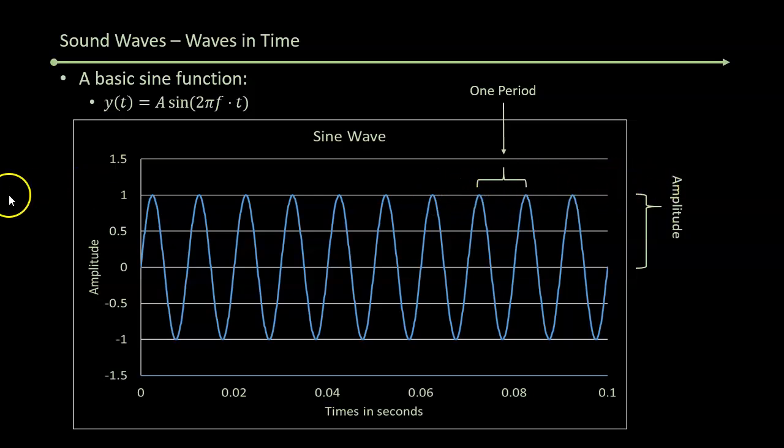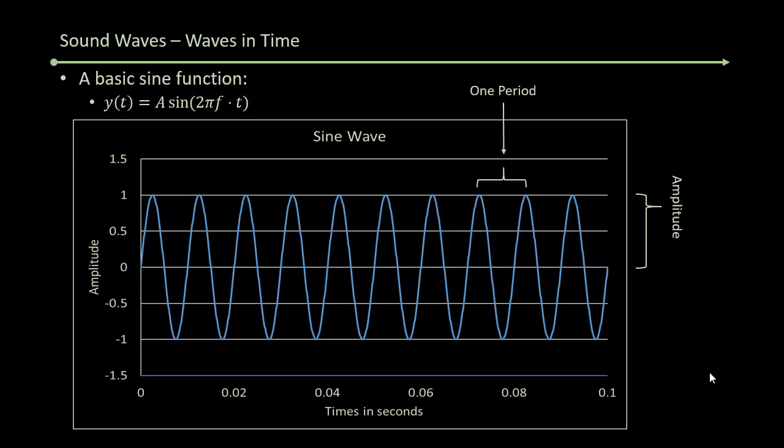We've got a total of 10 waves here. If we start here, 1, 2, 3, 4, 5, 6, 7, 8, 9, 10 complete waves. So a period is 0.1 seconds divided by 10. So 1 period in this is 0.01 seconds, which is 10 milliseconds.